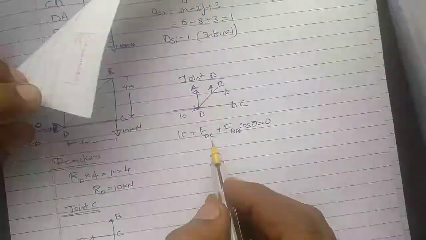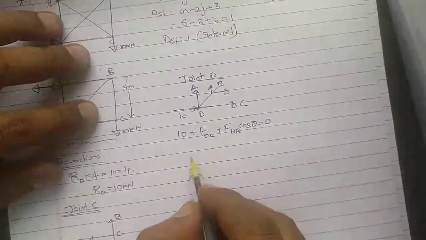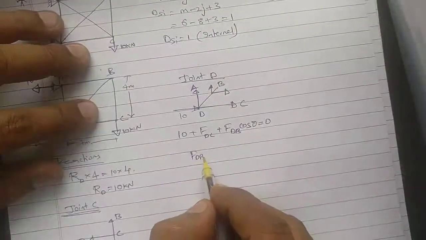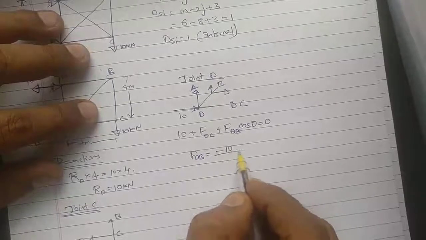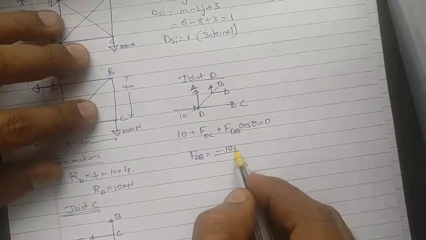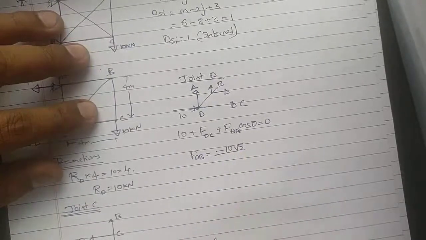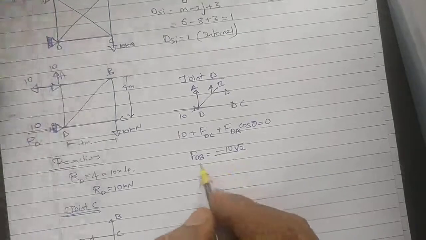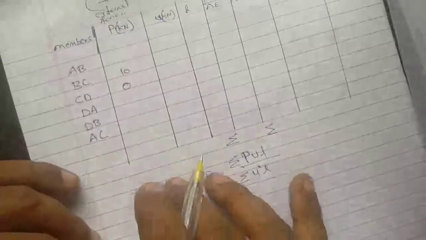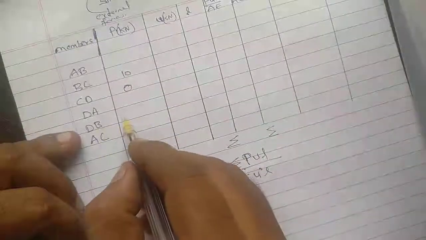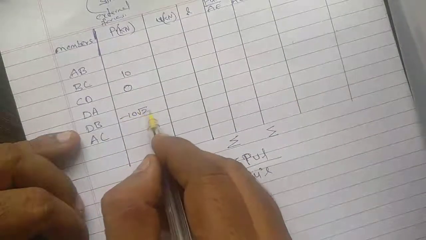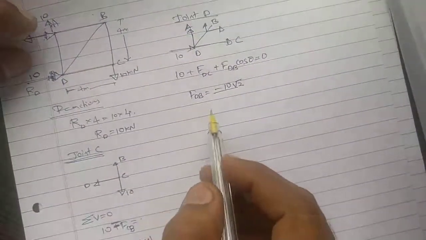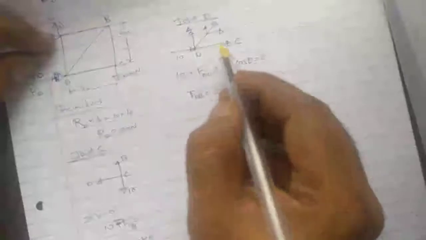FDC is 0. So FDB is equal to minus 10 by cos theta, 1 by root 2 becomes root 2, minus 10 root 2. FDB is minus 10 root 2.